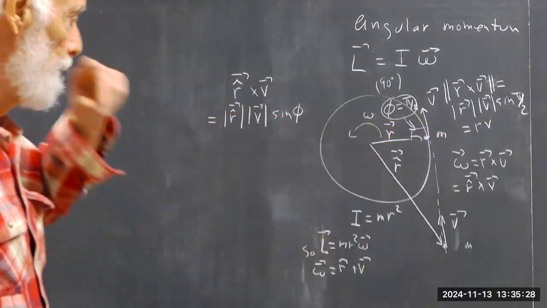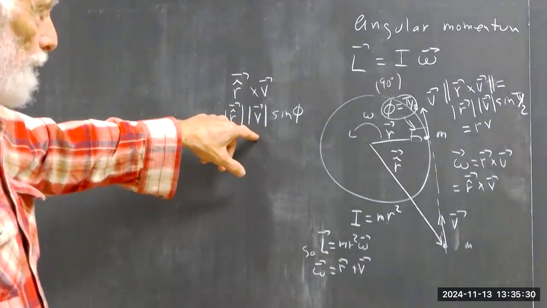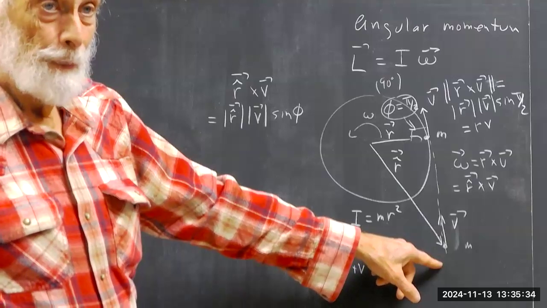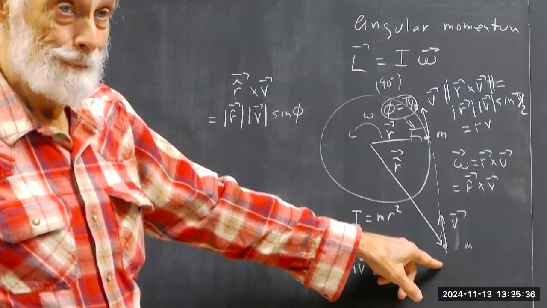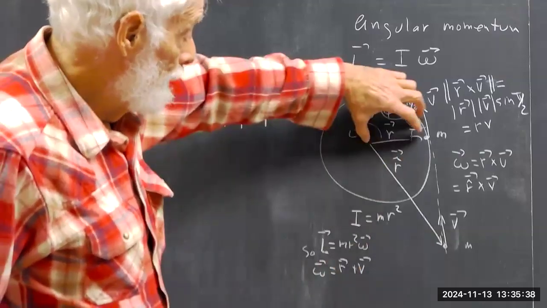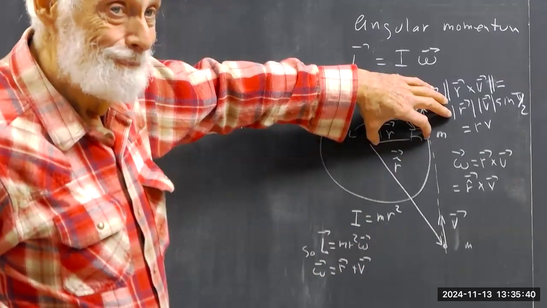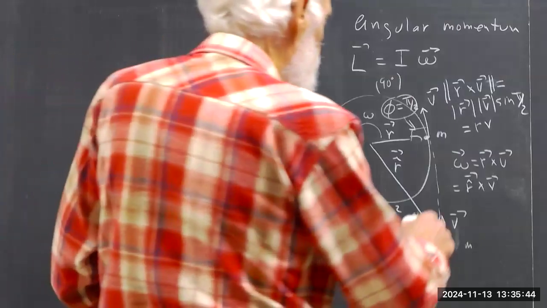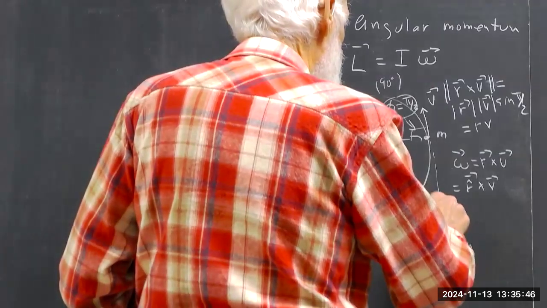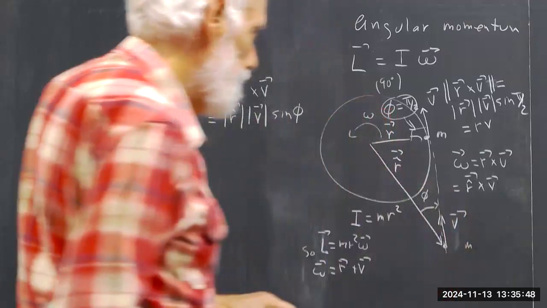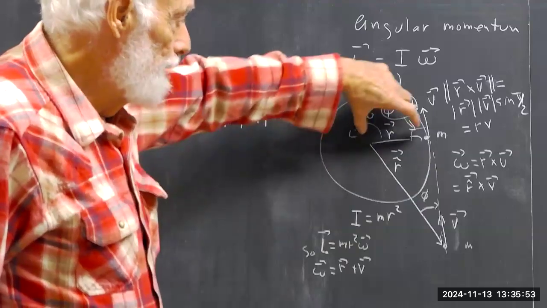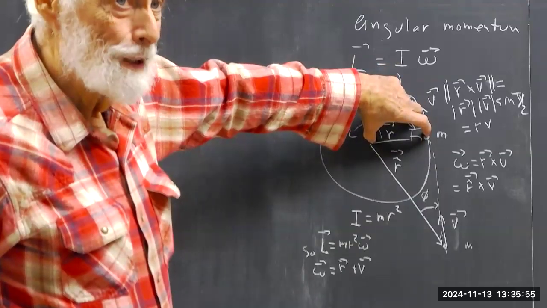Established, it's RV here. Here it's not RV because R is much bigger. Okay, but what's R sine theta? R sine theta is just this big. Because, or R sine phi, because phi is here. R is the hypotenuse. Here's the opposite side. It's the same magnitude.